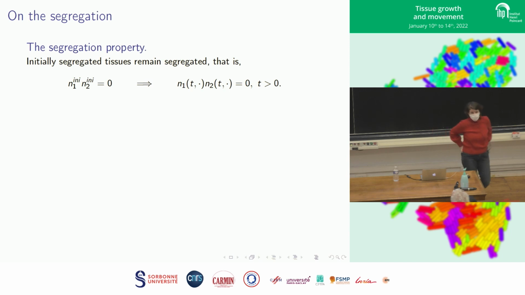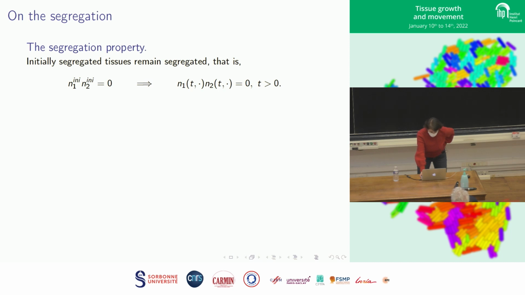The segregation property is the fact that if I take initially segregated densities, then they remain segregated for all times. That is, if n1 n2 is equal to 0 at time 0, then I should have n1 n2 equal to 0 for all time t positive. That is, I cannot have n1 positive and n2 positive at the same time.